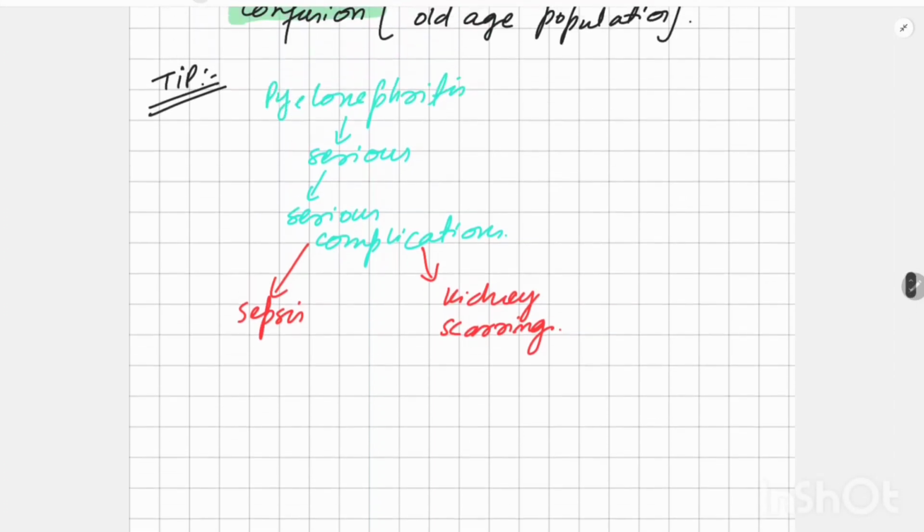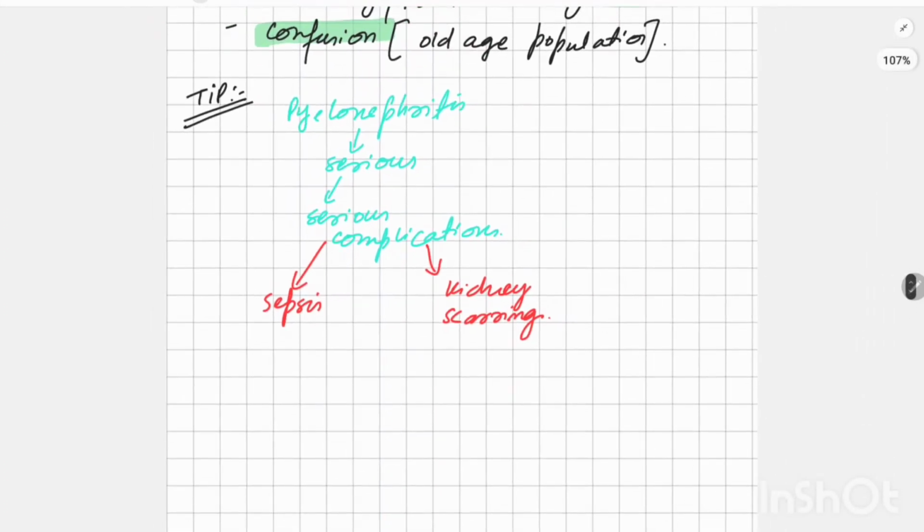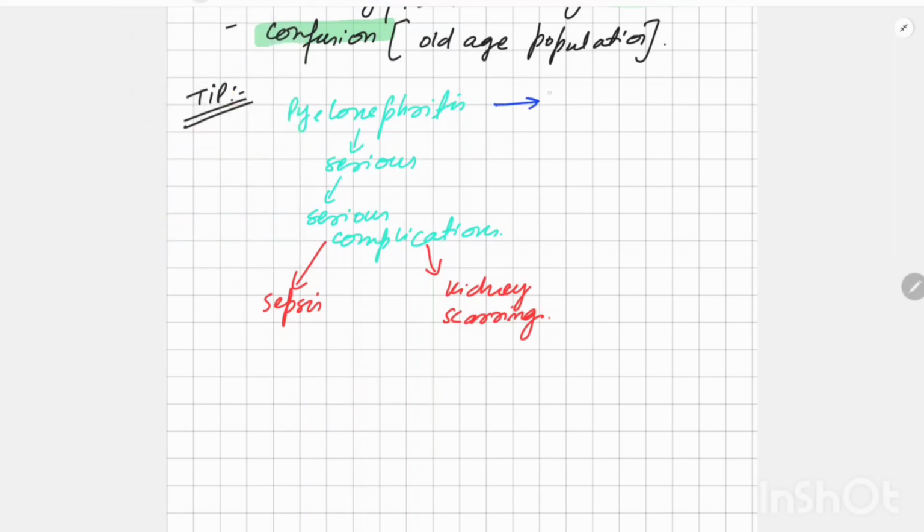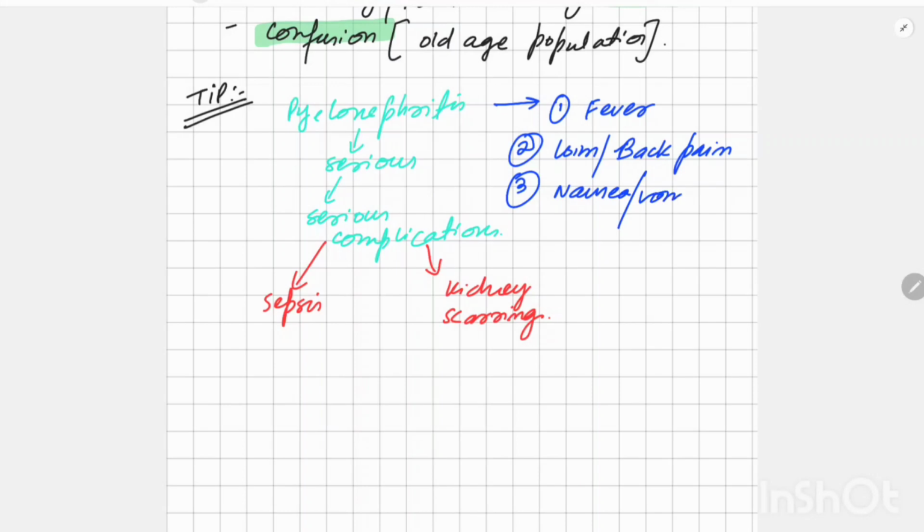And sir, if there is pyelonephritis, are there any separate symptoms for that? The specific symptoms for pyelonephritis are, first, there will be fever. The second symptom is loin or back pain. The third symptom is nausea or vomiting.